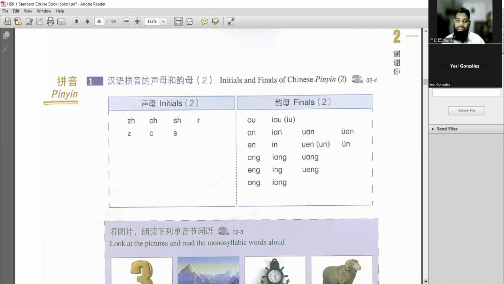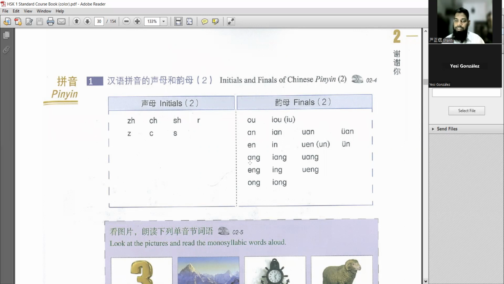an, yan, yan, wan, yuan, an, in, yin, yun. This is yun.